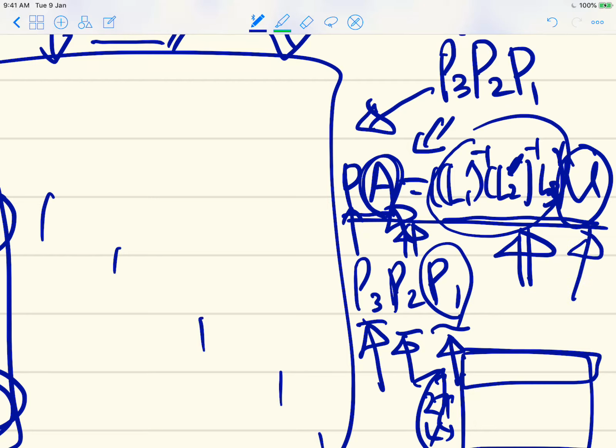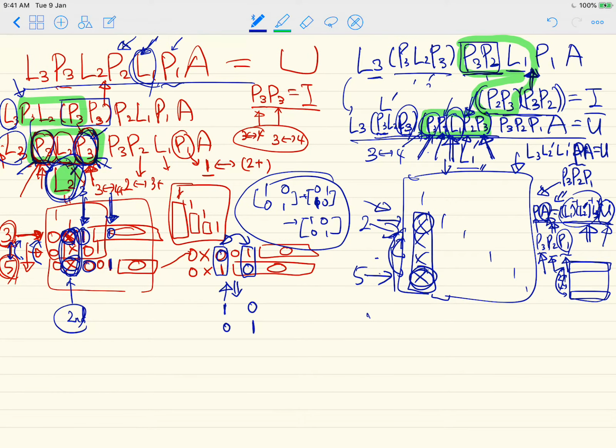And then our U is the upper triangular one that we finally obtain through this process of applying P's and L's. So that way we obtain this PA and L and U. Okay, so this is the complete story of this LU factorization with partial pivoting. Any questions so far?